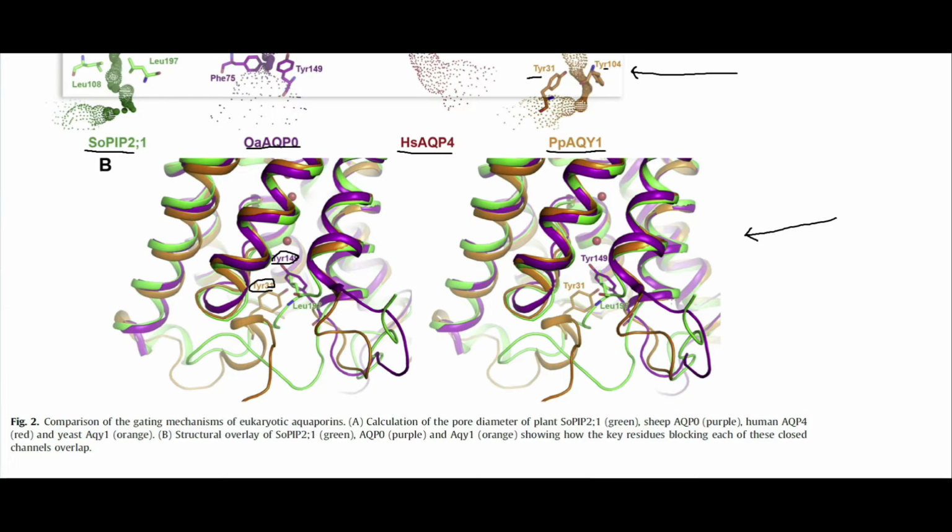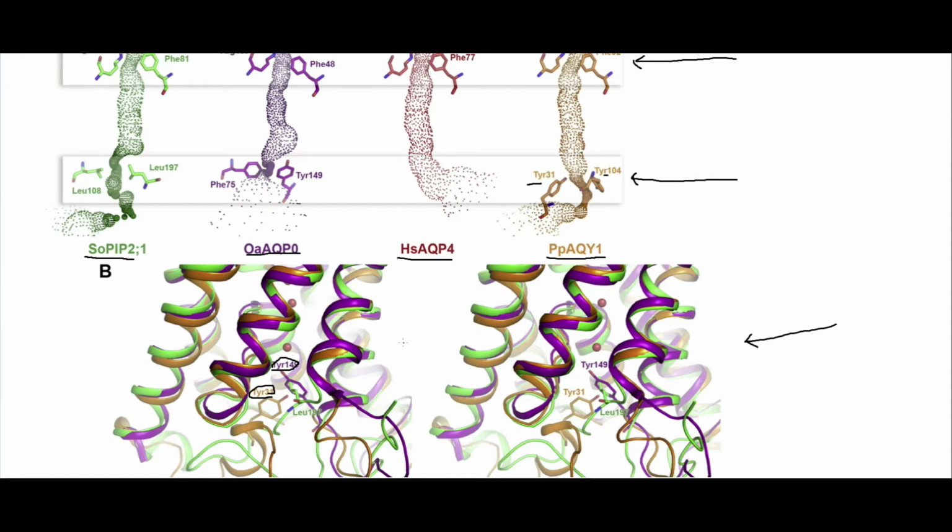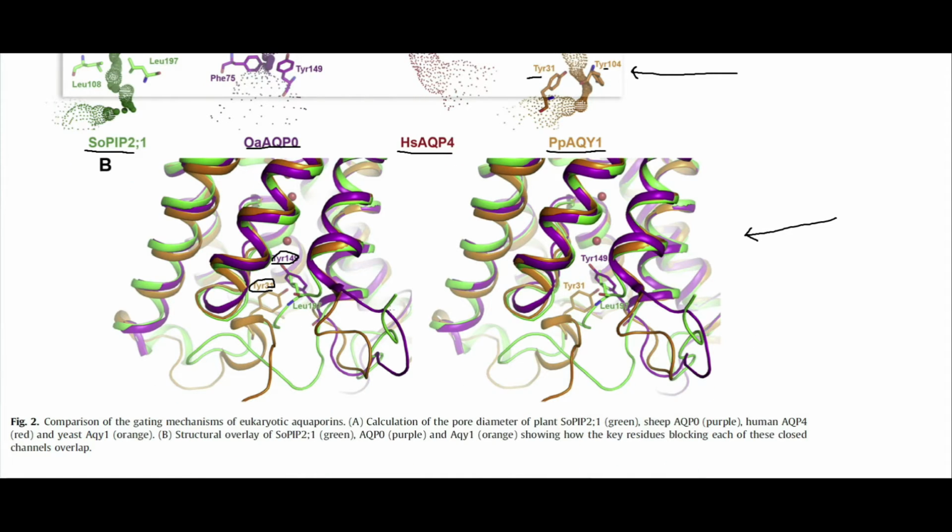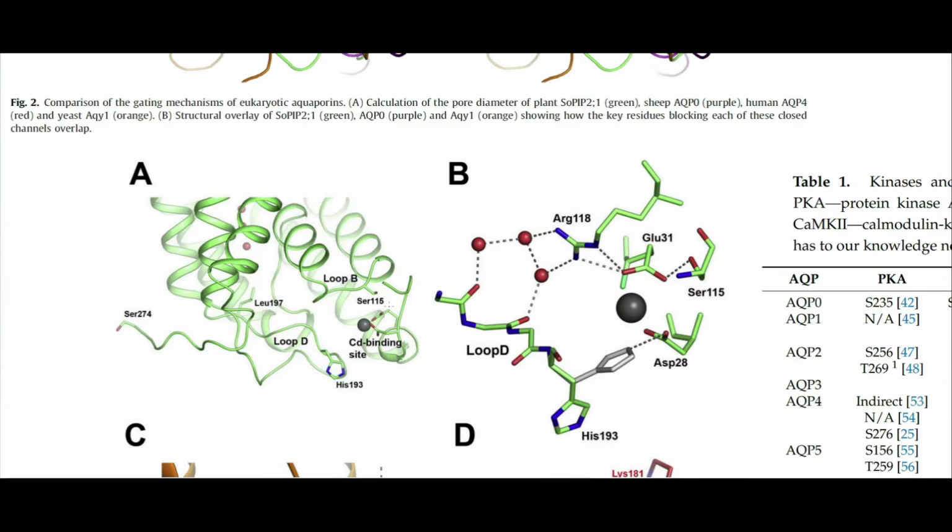I have never been able to do it. I usually just end up getting a headache when I try, but you see this a lot in structural biochemistry papers. But these are two pretty much the same image, just slightly rotated from each other. But yeah, you see down here, this is where those tyrosine residues are, which can close that pore.